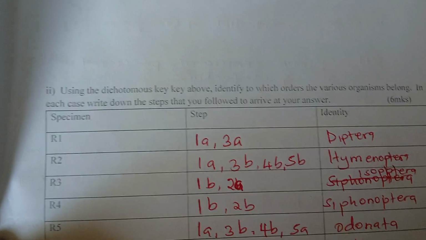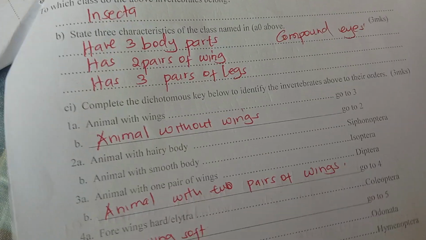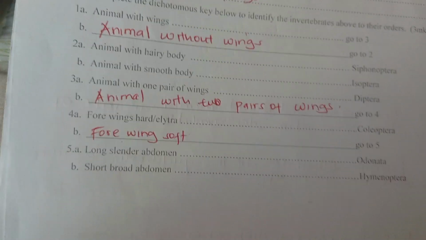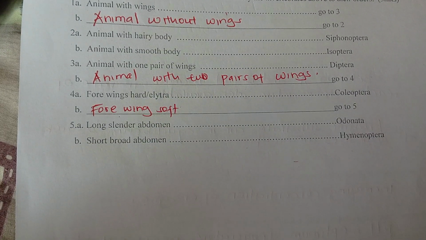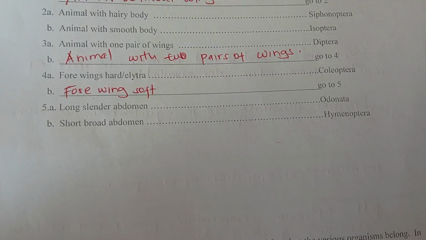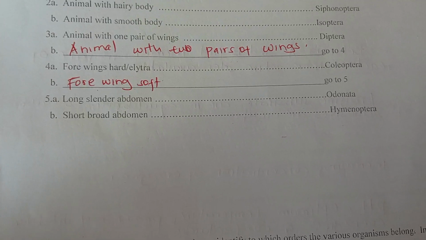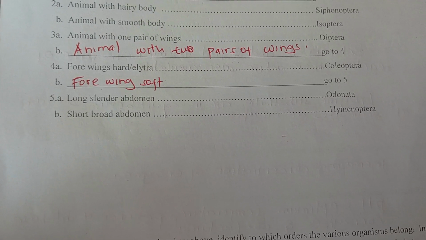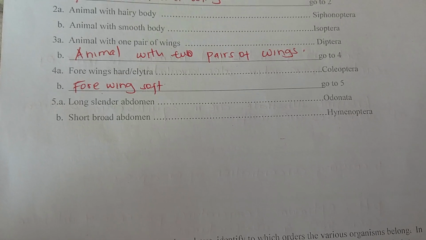R2, it's Hymenoptera. It's 1A, that is animal with wings. Then it says go to 3, animal with more than 2 pairs of wings, that is 3B. Then you go to 4, that is 4B, 4 wings soft.